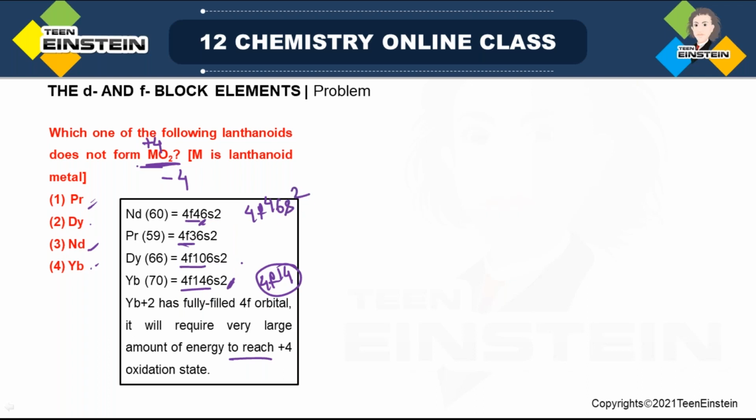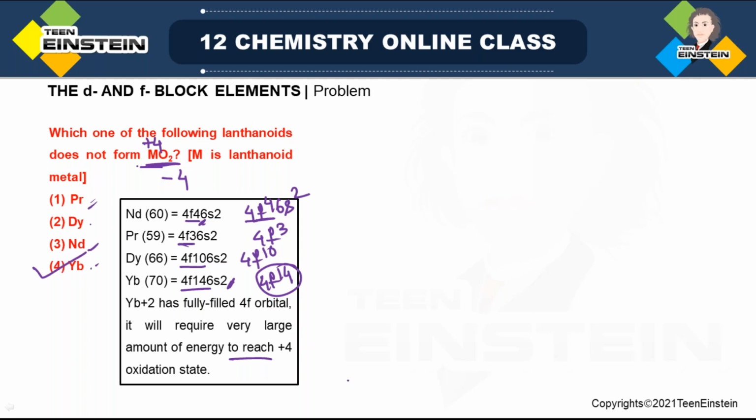So here, that is the rest of Yb. In all other cases, when you are trying to remove the 3rd and 4th electron, basically you are breaking the configuration 4f4. Here it is 4f3. Here it is 4f10. So it should be comparatively easier, right? But in case of Yb, it is 4f14 that you have to break. So that is why this will be difficult.